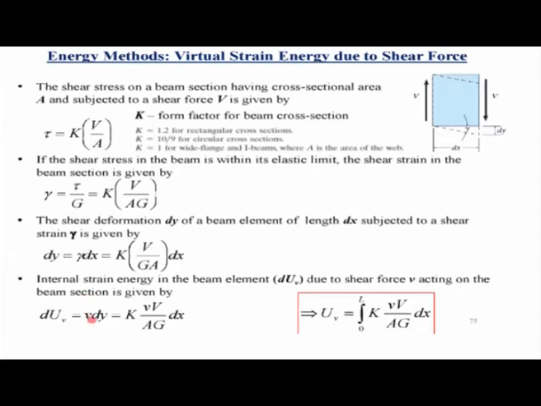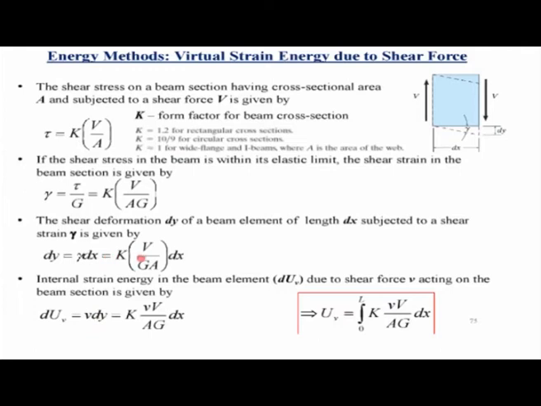The internal strain energy due to the virtual load undergoing deformations due to the actual shear: the actual shear deformation is Kv by Ga dx, or in other words dy. So this is the shear due to virtual load, and this is the deformation due to the actual shear, or actually due to the shear due to the actual loads.